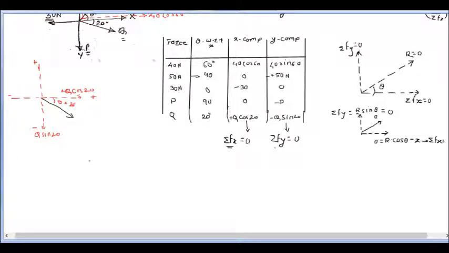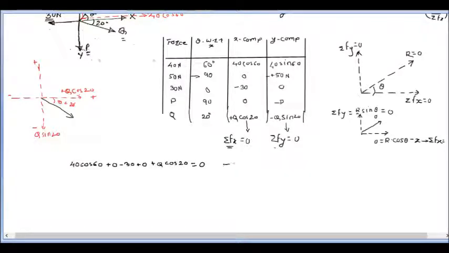So from the first part, the summation of Fx equation we can write as 40 cos of 60 plus 0 minus 30 plus 0 plus Q cos of 20, and that is equal to 0.